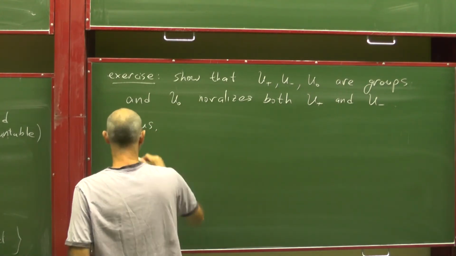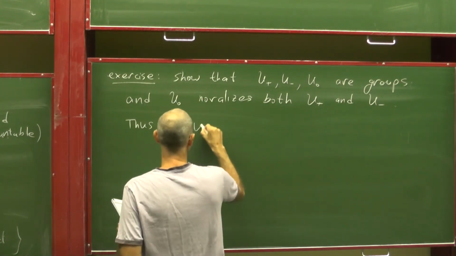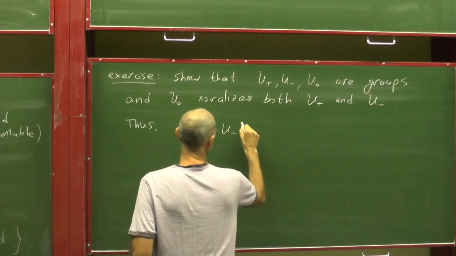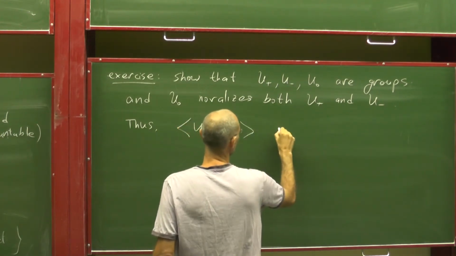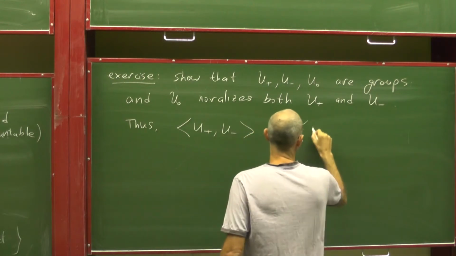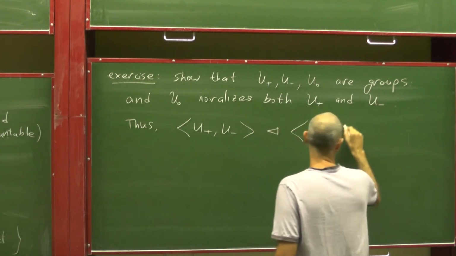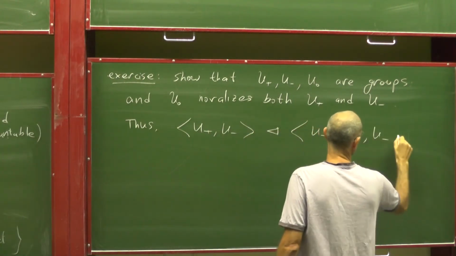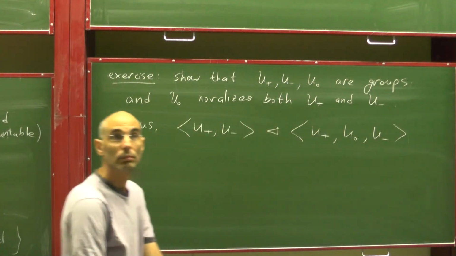So you get, in particular, that the group generated by U plus and U minus is normal inside the group generated by U0, U plus and U minus.